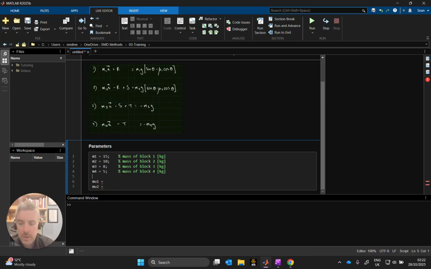So mu1 is equal to 0.8, and this is the coefficient of friction between the block and the surface. Nice space. And then this one here is 0.2.